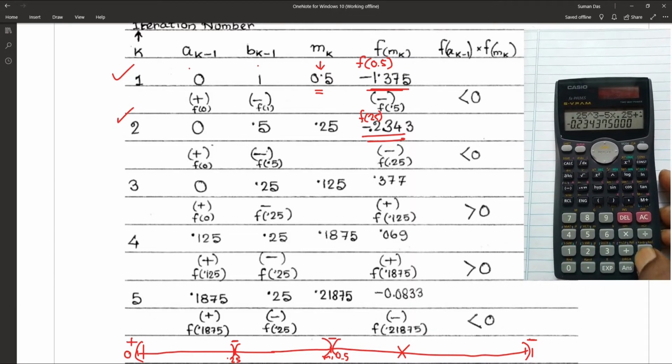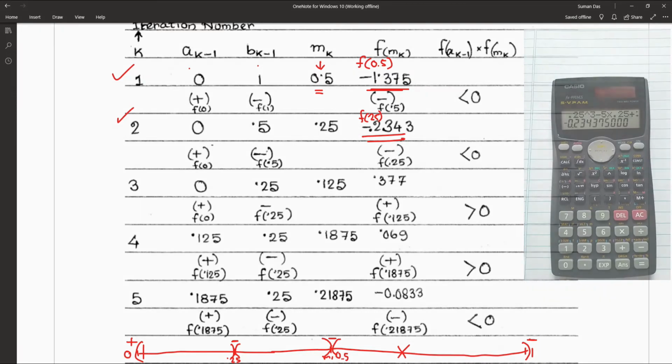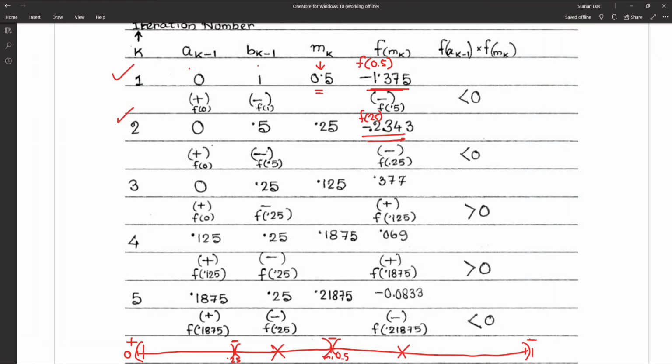At 0.25 it is negative and at 0.5 it is negative, so again we reject that section. The new range is from 0 to 0.25.